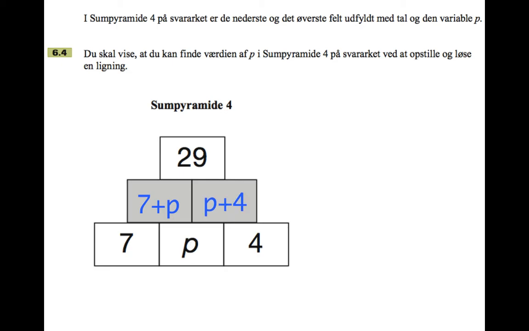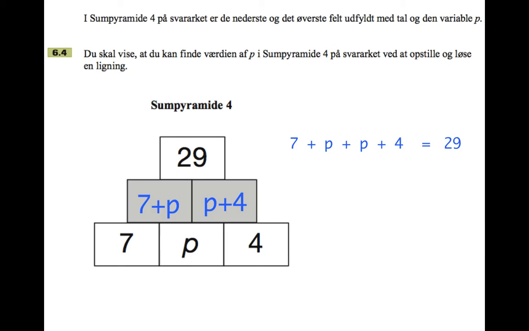make p plus 4. And then if you add up these two grey ones, 7 plus p plus 4, they should add up to 29. So if we write that down, 7 plus p plus 4 equals 29, that's our equation, and we can figure out what p is.